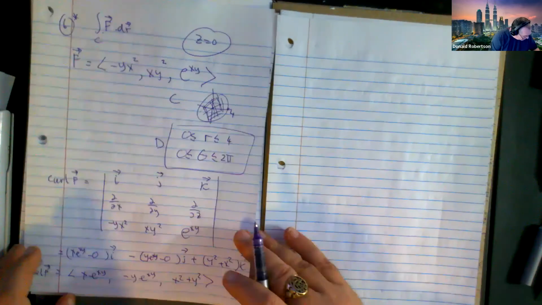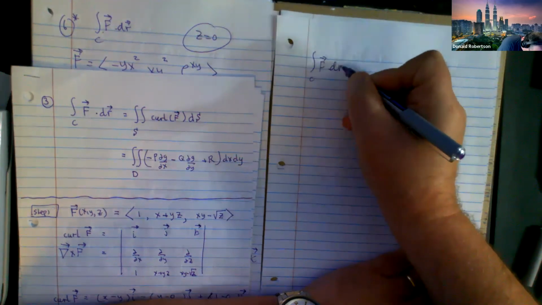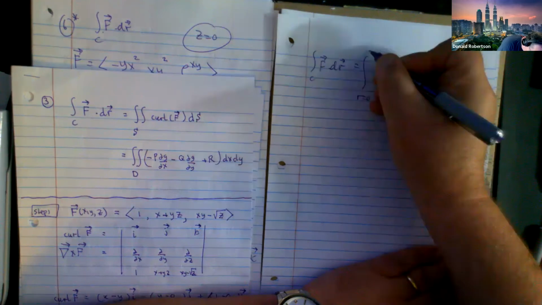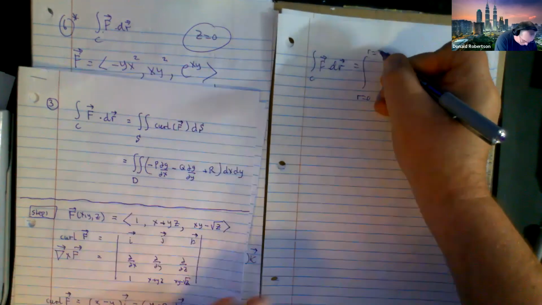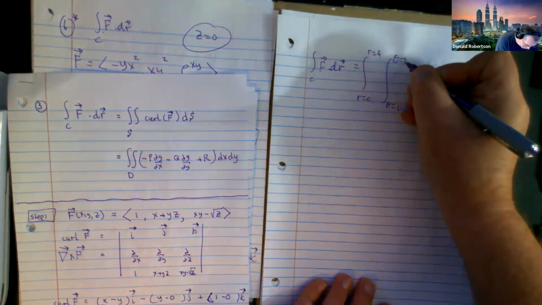Okay, we got all the pieces. And so we'll use our formula, this one here. It's going to look like the integral r equals 0 to 4, theta equals 0 to 2 pi.